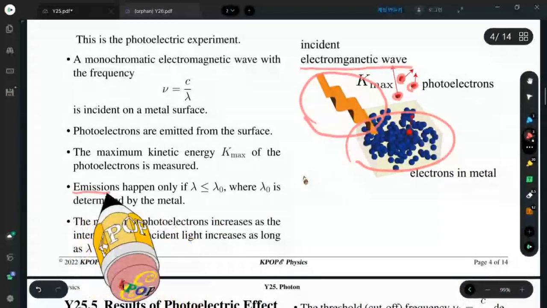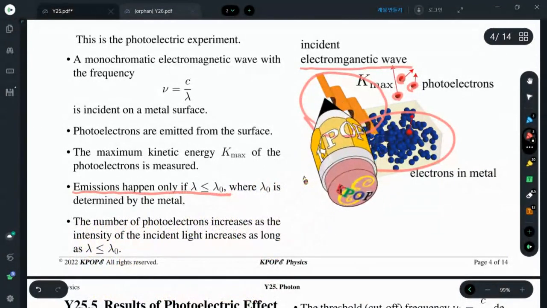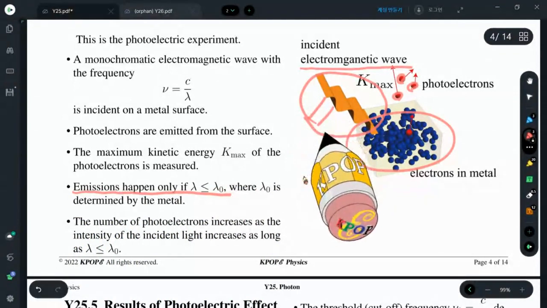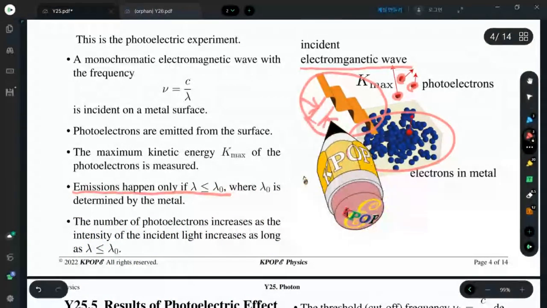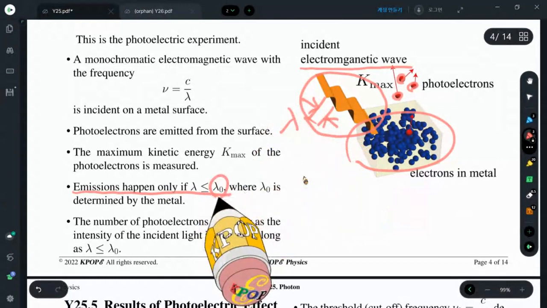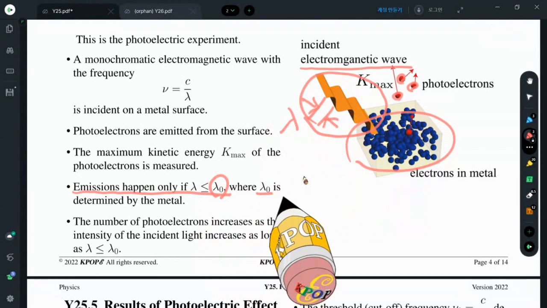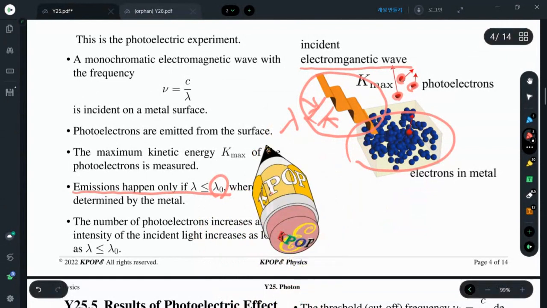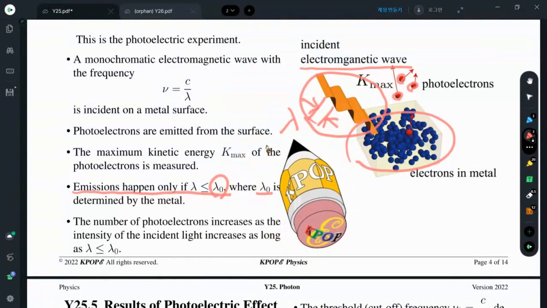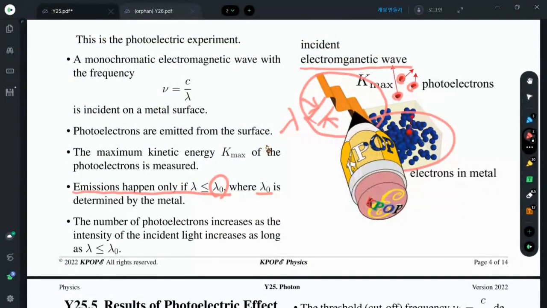However, emission happens only if the wavelength of this incident light is shorter than a certain value. That is a kind of threshold. So it seems to me the wavelength determines a kind of energy of the electromagnetic wave.